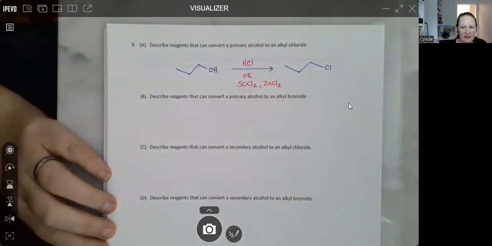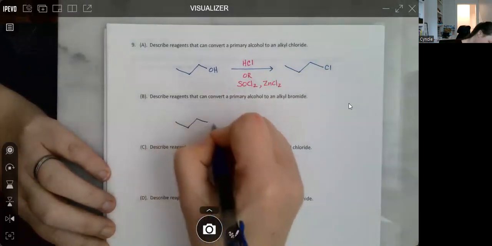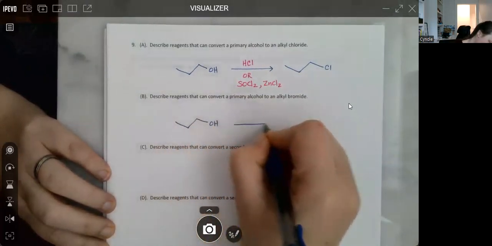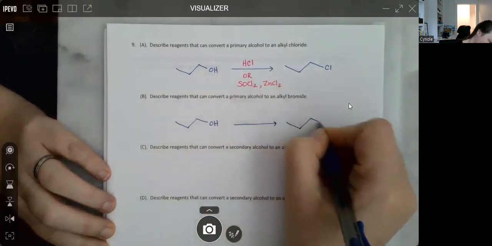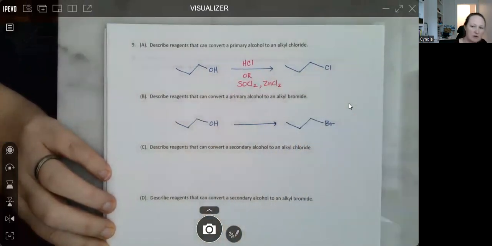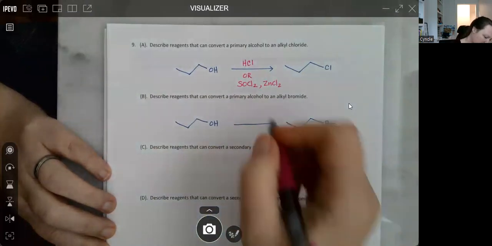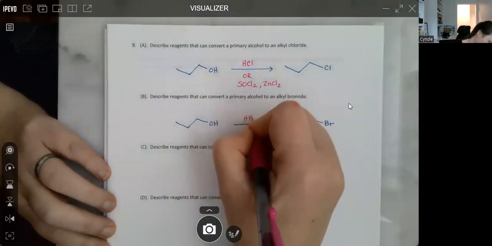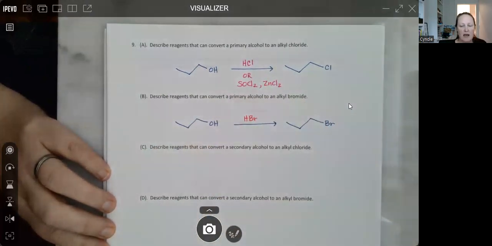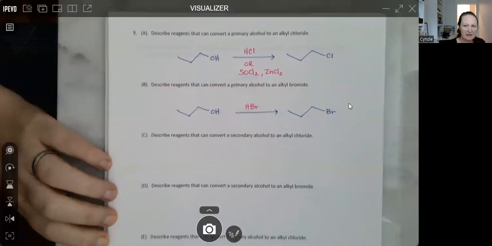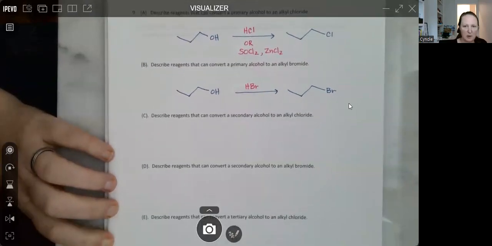Okay, what about reagents that can convert a primary alcohol to an alkyl bromide? So very similar. In this case, we're just drawing the alkyl bromide. So we would want to switch from HCl to HBr. And that's mainly it, unless you could find some zinc bromide or something.